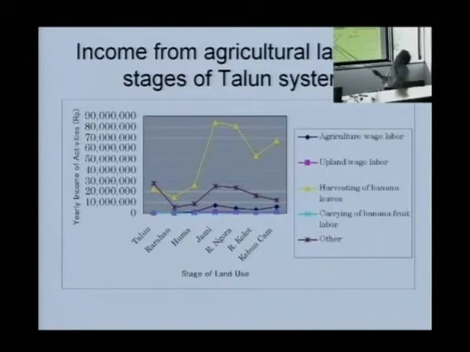Now banana leaf is quite popular in this area. So at this time, people are not so occupied by the work of their own land, so they work as agricultural labor in the stage of Jami, Lumangora, Lumakorot.